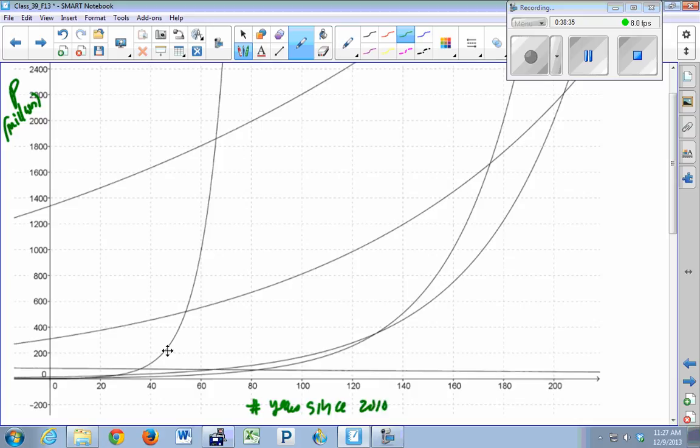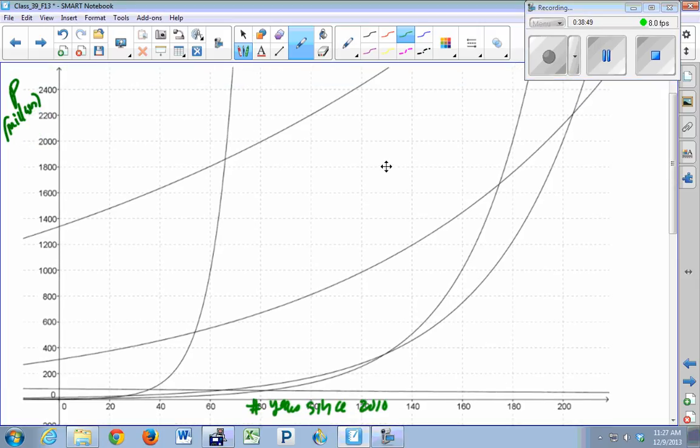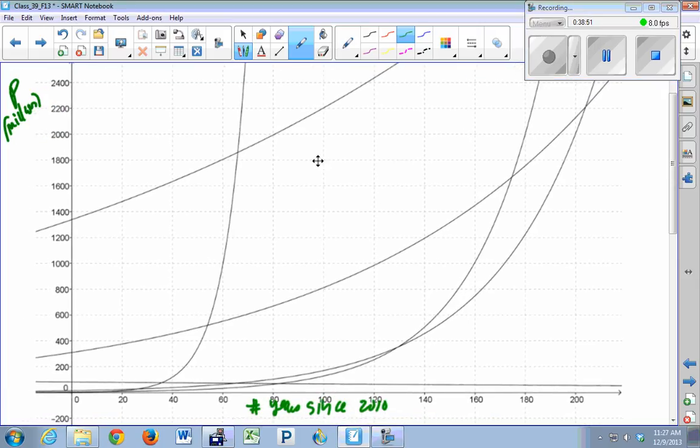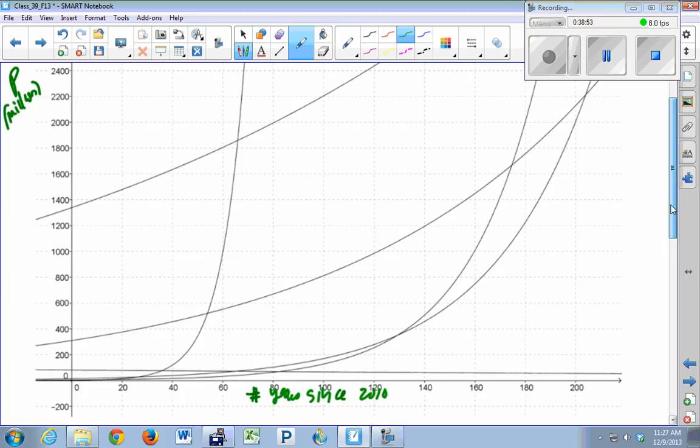Actually, notice I put it on here to tell you, so I'm glad you reminded me, since Caitlin didn't put it in. So we can tell Caitlin we gave her a check minus.